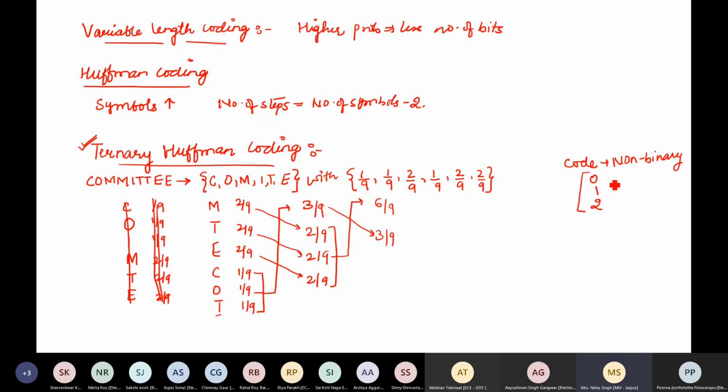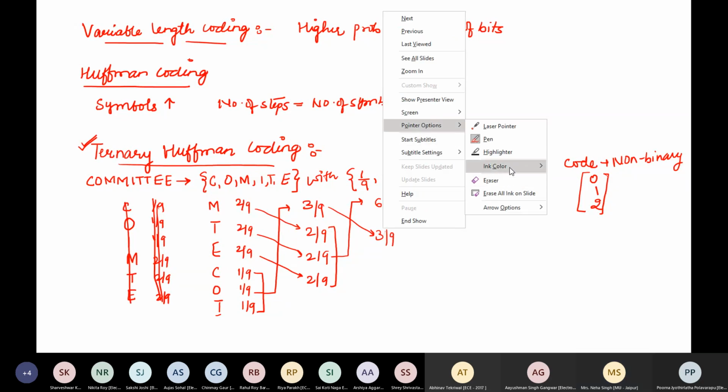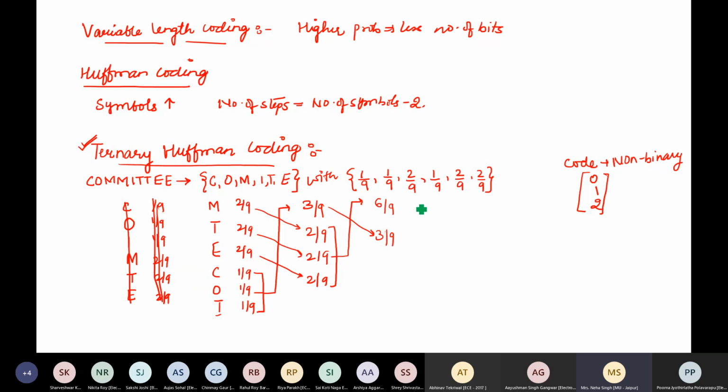So at every step I add three values for the code: 0, 1 and 2. If I look at the first level here, I have only two options, 6 by 9 and 3 by 9. So I choose to give a code of 0 to 6 by 9 and a code of 1 to 3 by 9. I need not assign this code right now. But in the same way as we did for Huffman, this 0 is propagated backwards, so that this is given as 0, this is given as 0 and this is also given as 0.